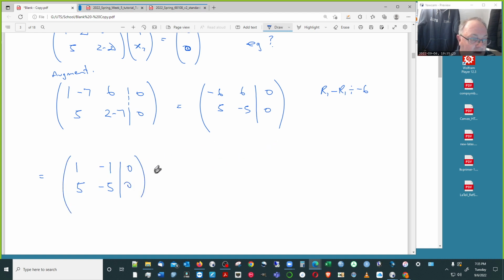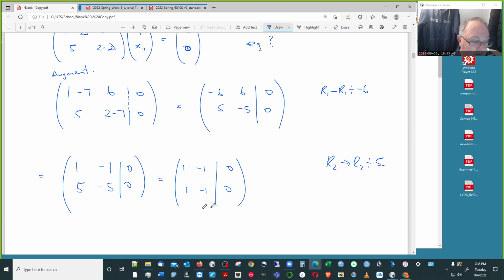Okay, the next thing I can do, just for the purpose of convenience, is to do the same kind of thing with row 2 and divide by, what do you reckon, 5? 5 will do. So this will be 1, minus 1, 0.